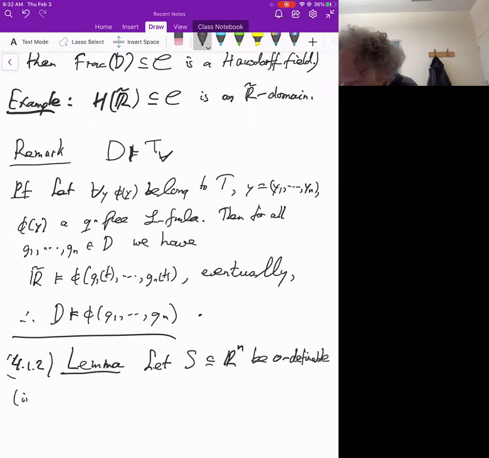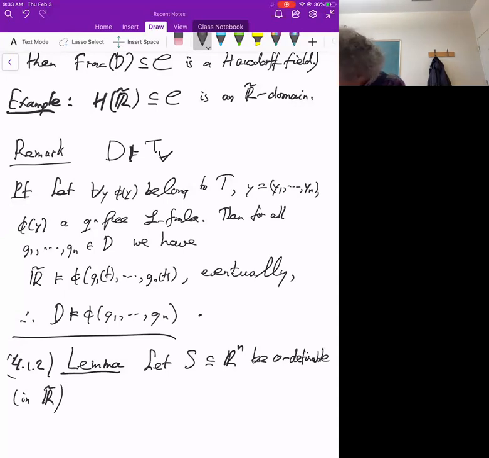That's what zero definable means, at least for today: zero definable in R tilde. That means it's definable by an L formula which does not use any particular real numbers as parameters. So it's just a pure L formula.